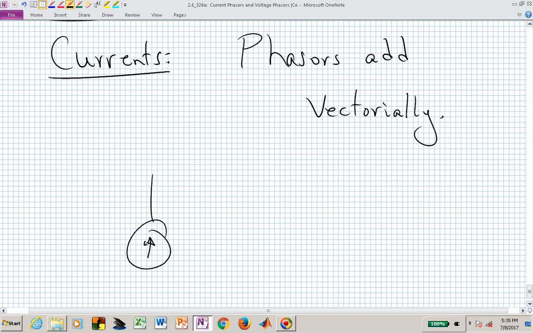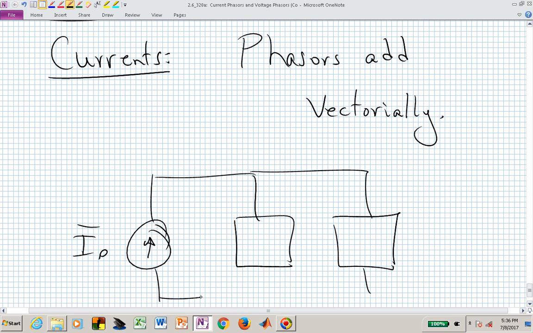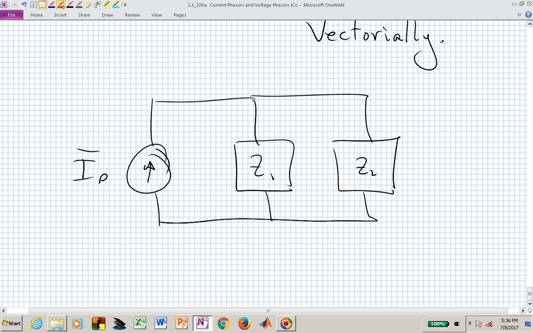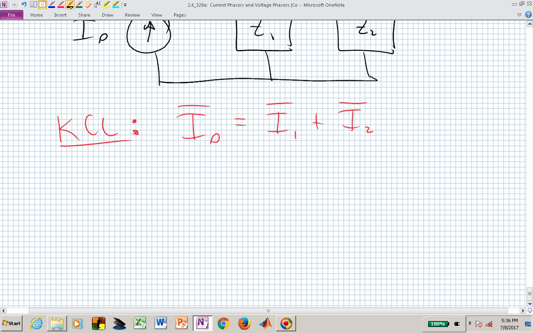Meaning if you now had somebody giving you a current supply feeding two parallel impedances, then I1 and I sub 2 will obey Kirchhoff's current law, which says that I sub s as a phasor is equal to I sub 1 plus I sub 2. But you can't just add their magnitudes.